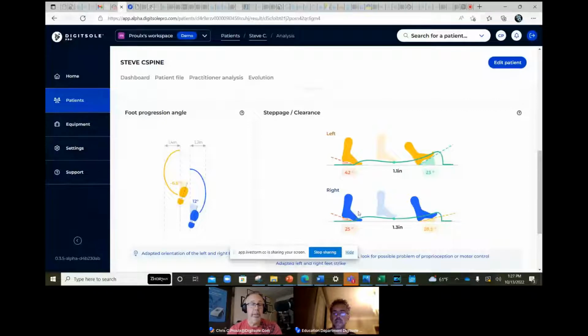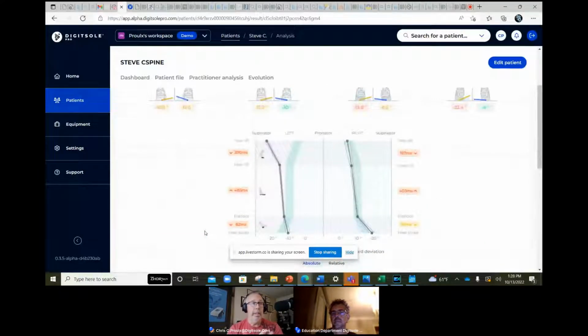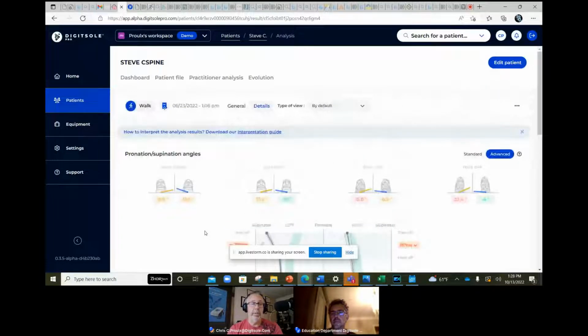He has pretty good clearance, so that was a good thing. And that's one of the things that we look at with regards to fall risk, right? We call that minimum toe clearance, MTC, or foot clearance. He actually has pretty good clearance, but it's these other characteristics that minimize the trajectory of that leg, which one, is going to have an impact on his performance, and two, just because of everything that we see, he's actually at a fall risk as well.